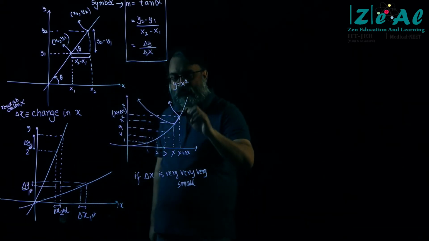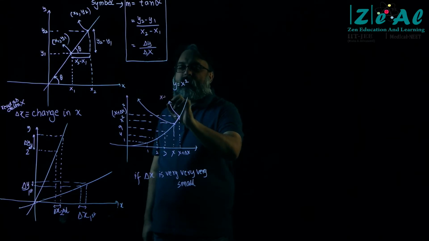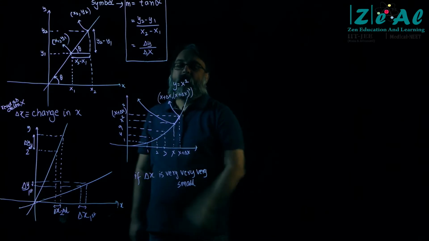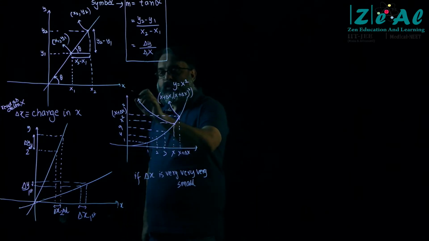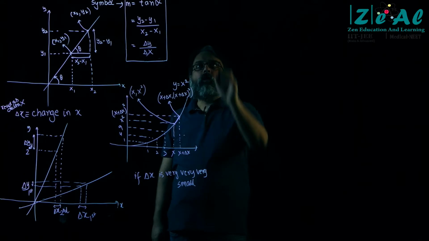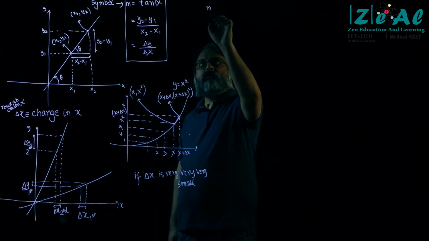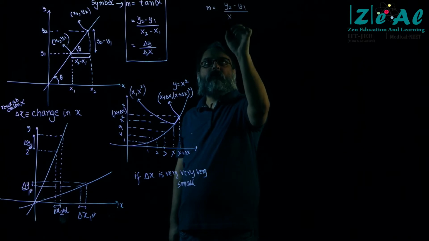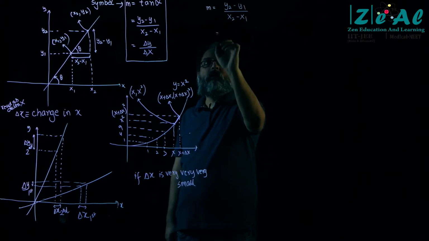So the coordinates of this point are x plus delta x comma (x plus delta x) whole square, and the coordinates of this point are x comma x square, right? So what we did was we said that the slope has to be y2 minus y1 upon x2 minus x1.